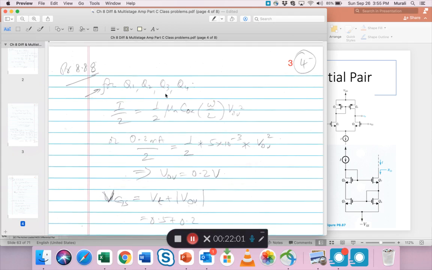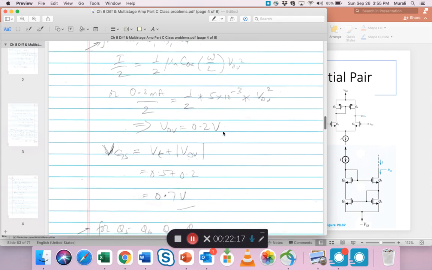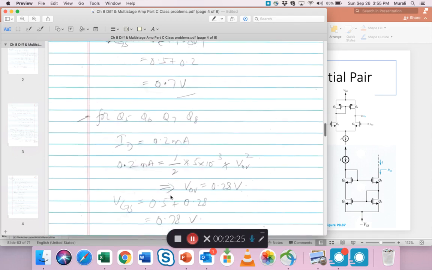So for Q1, Q2, Q3, Q4, assuming the same current is everywhere, I by 2 gives you this. So 0.2 milliamps by 2 gives you this, which gives you VOV of 0.2 volts. Now VGS in every case has to be VT plus the absolute value of VOV, so that's 0.7.